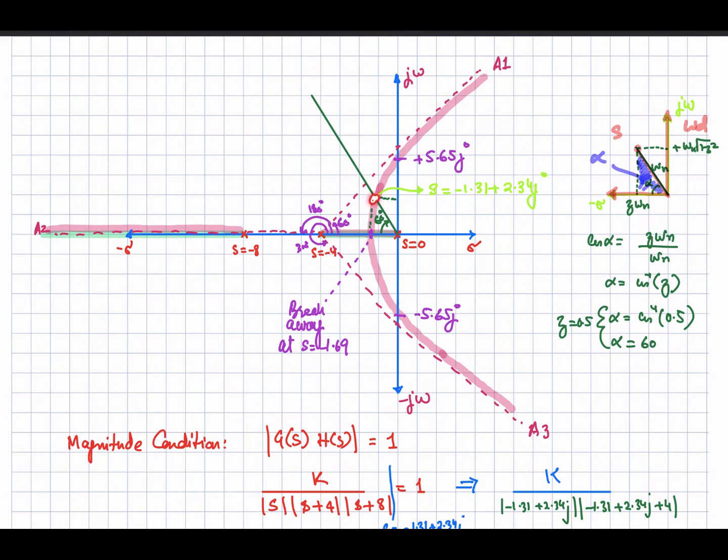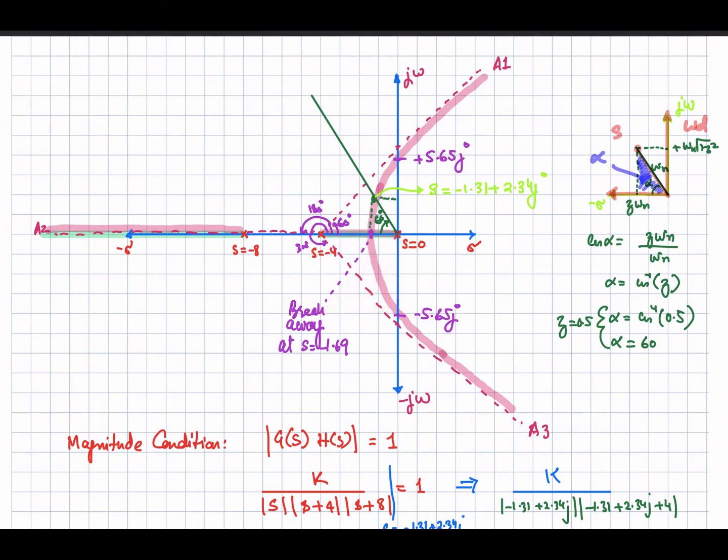So if my closed loop poles are at this position, then it is part of the root locus, because our poles are moving like this. When the poles are at the position making an angle of 60 degrees with this line, zeta will be equal to 0.5.